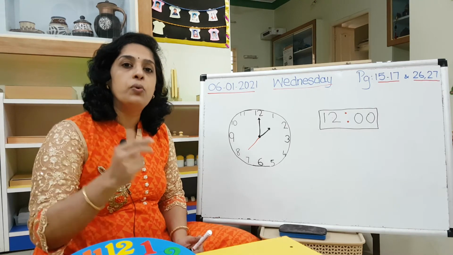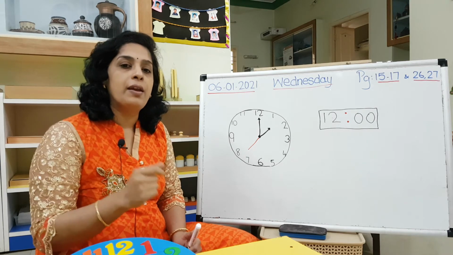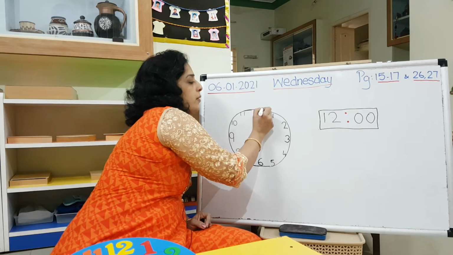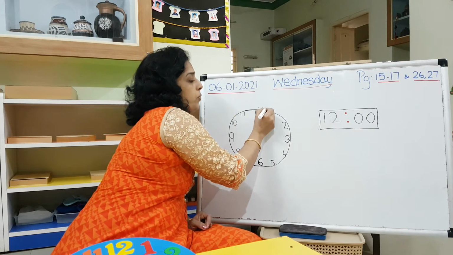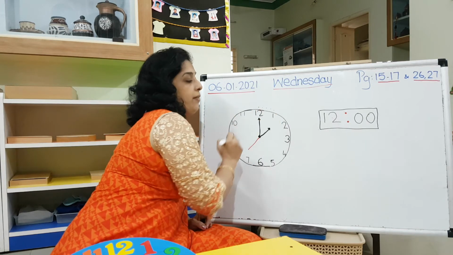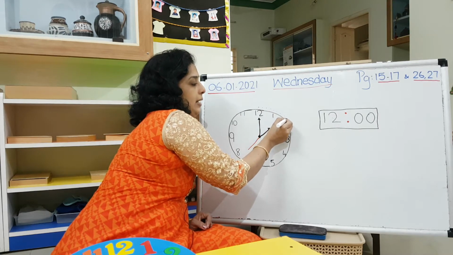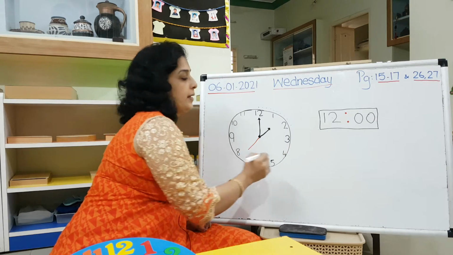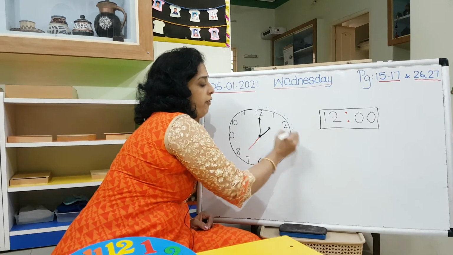1, 2, 3, 4, 5, 6, 7, like that it moves. Okay, let's say it starts from here. 1, 2, 3, 4, 5, 6, 7, 8, 9, 10, 11, 12, 13, 14, 15.